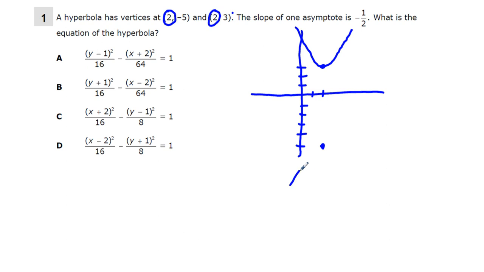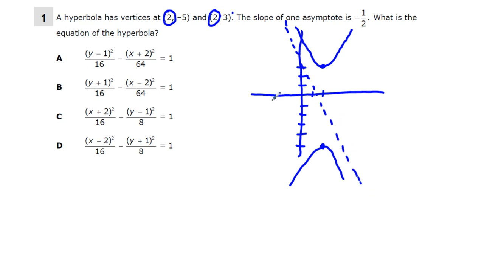And the slope of one of the asymptotes is -1/2, so this slant asymptote right here would have to have a slope of -1/2. That's what that means.